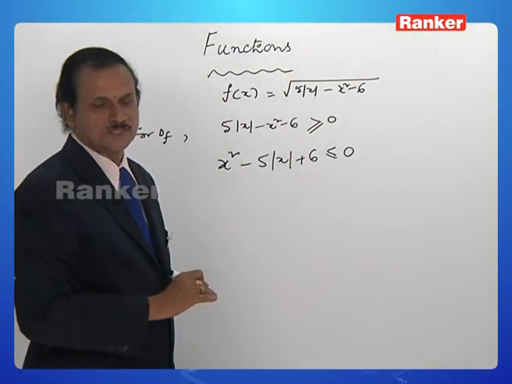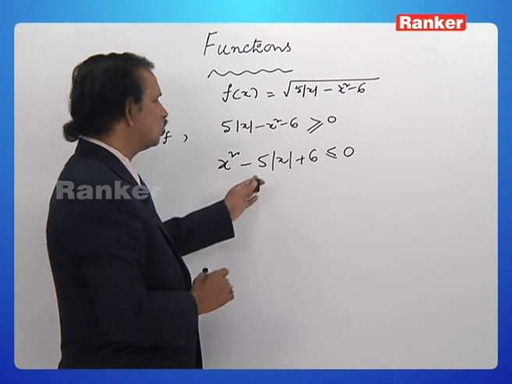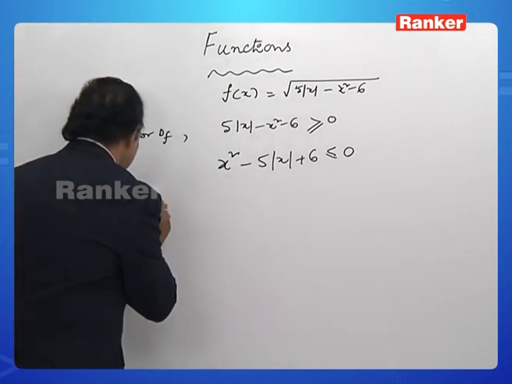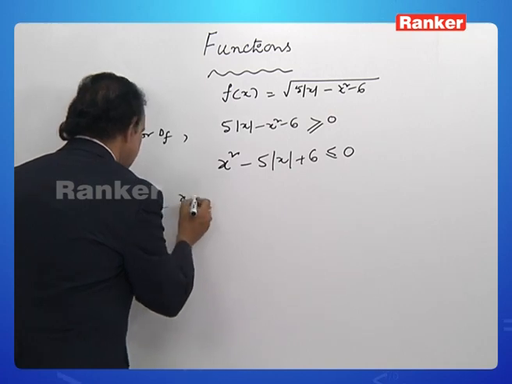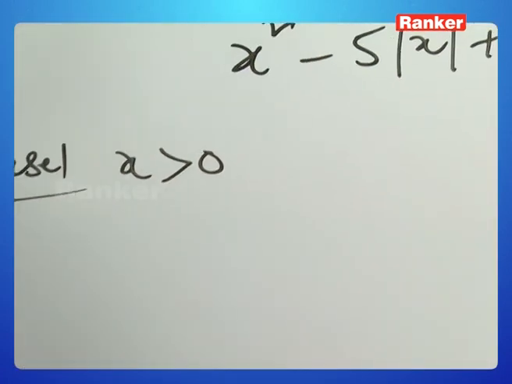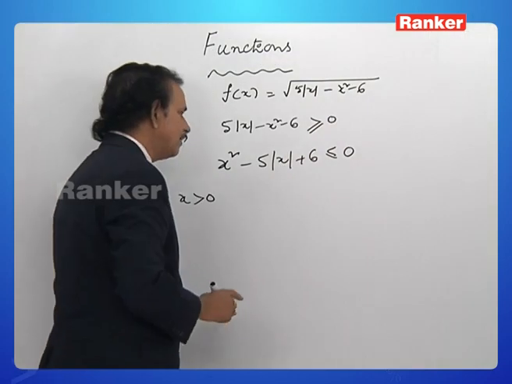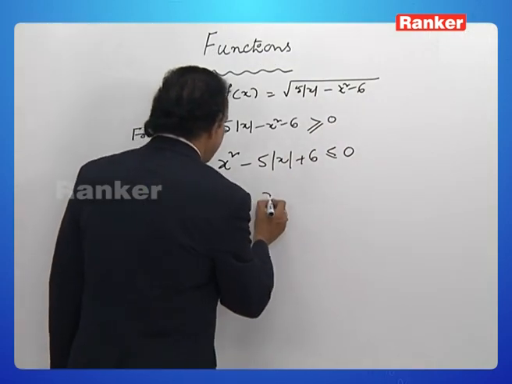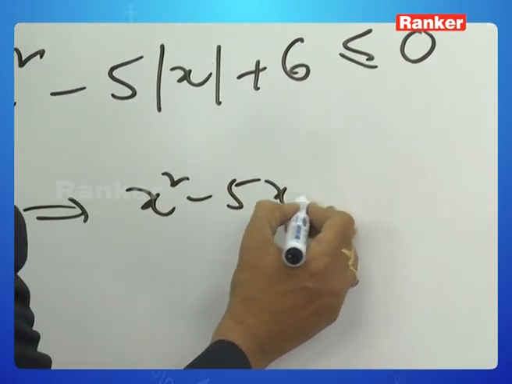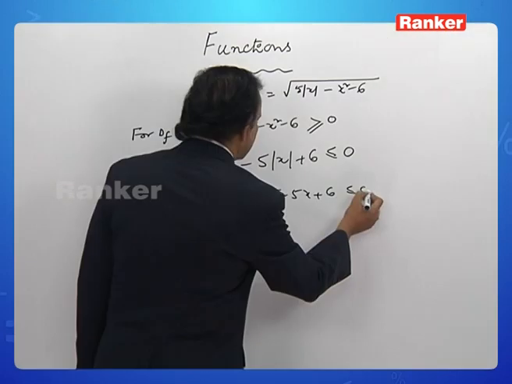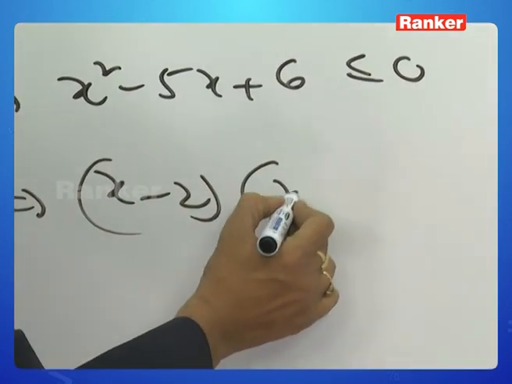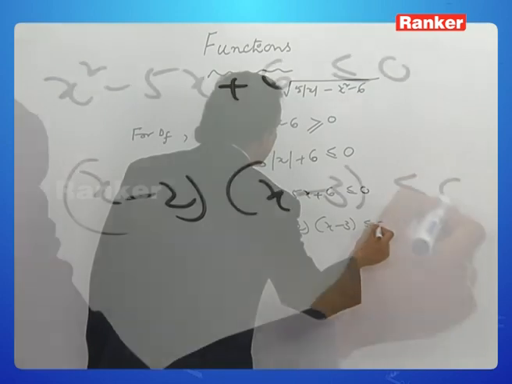To avoid confusion, let us observe the two cases of this expression. Case 1. What is the case 1 that must be discussed? x is greater than 0. If x is positive, what do you say about mod x? It is x. In this case, x square minus 5x plus 6 less than or equal to 0 implies x minus 2 into x minus 3 is less than or equal to 0.